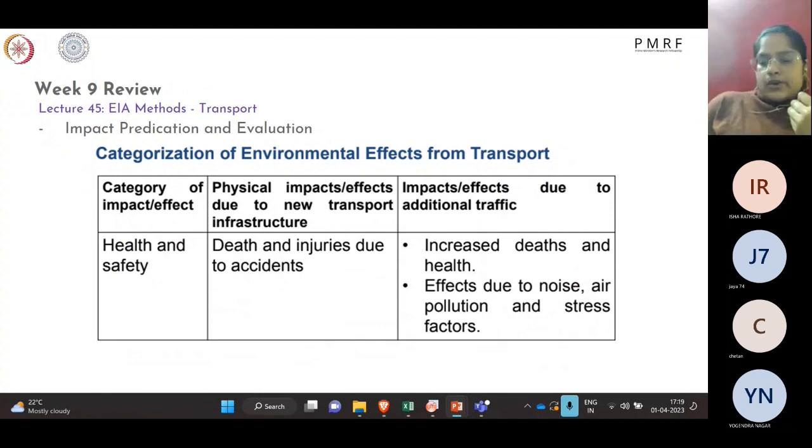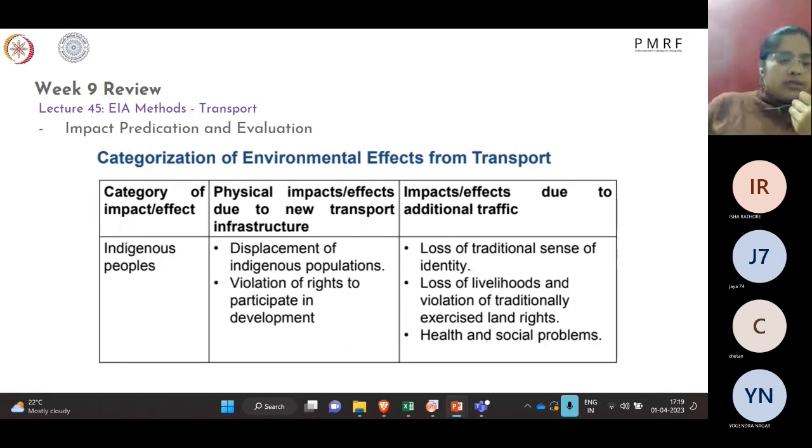So these are also aspects you need to consider. Again, if the project is causing the displacement of indigenous people, who are highly vulnerable people, who will not recover from the damage which is inflicted on them, that also needs to be dealt with sensitively in your transport network project.